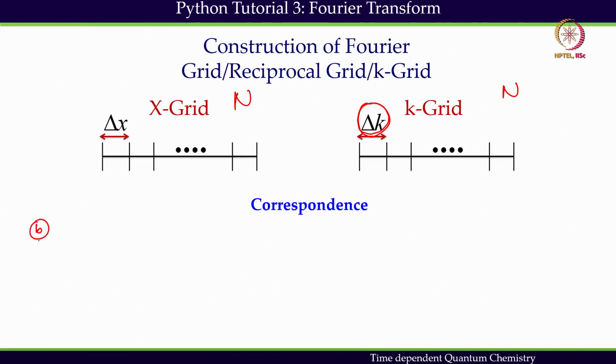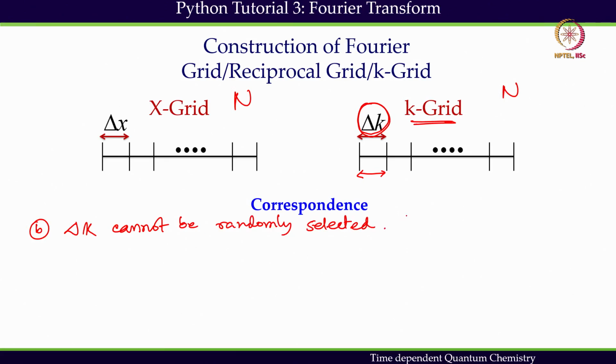So, the second correspondence is that this delta k, which defines the spacing between two adjacent grid points in the K grid, cannot be randomly selected.